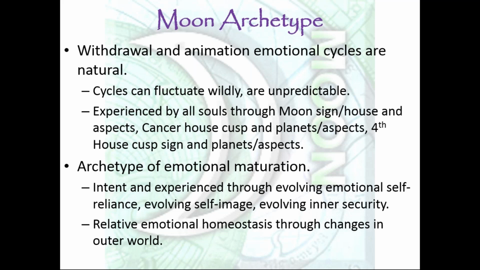By nature of that polarity with Saturn, Capricorn, and 10th house, by nature of getting thrown back in upon ourselves again and again, the intent and lesson is to evolve this archetype, to mature it, to reach that emotional self-reliance.